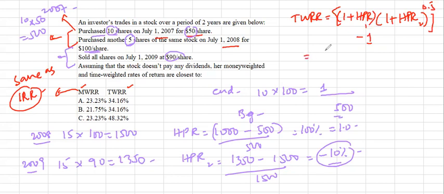For the first year, the value is coming 1 or 100%, and for the next year, the value is coming minus 0.1.